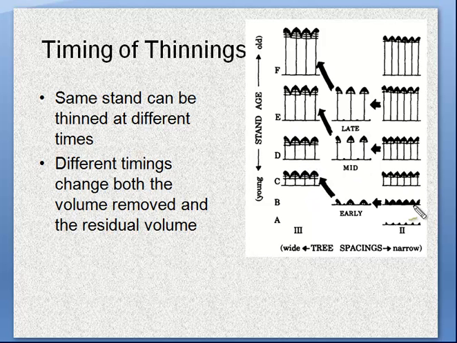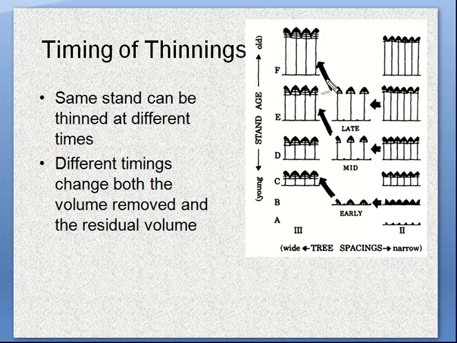Or, that's very early. If humans were involved, this would be called a PCT, pre-commercial thinning. But typically what happens is if we do a commercial thinning, we allow the forest to get a little bit taller, so we get some products out of it, like pulpwood, small saw logs. We thin it here, and then the trees, we hope, and they usually do, respond, and they end up tracking here, and they go up.